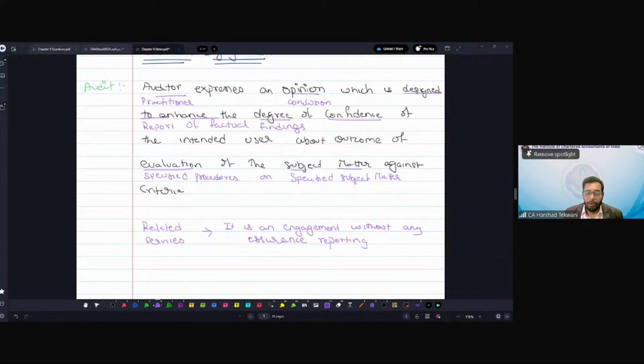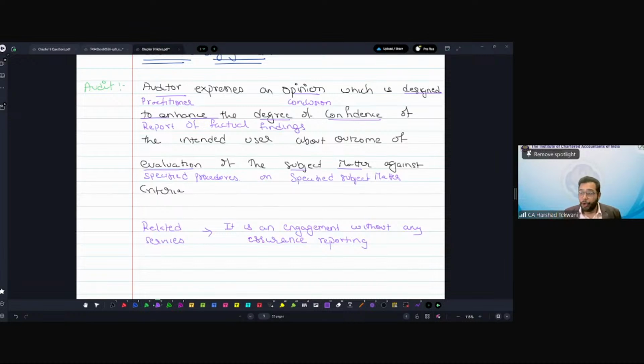Those formats specifically ask you to report whether the information contained in this certificate is true or correct, true or fair, or in all material respect correct, or whatever. The wordings are in such a way that they already depict a kind of assurance. So I cannot say those certificates are agreed upon procedures. I would not call it a certificate when it comes to SRS. I would call it a report.